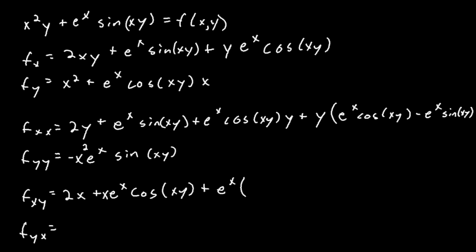We have to derive y times the function cosine xy. So y's derivative is just 1, so we just get cosine xy at first, plus leave y the same, and we derive cosine xy. But since we have to use chain rule, and we're deriving with respect to y, we have to move the x to the outside. So this is our xy partial.